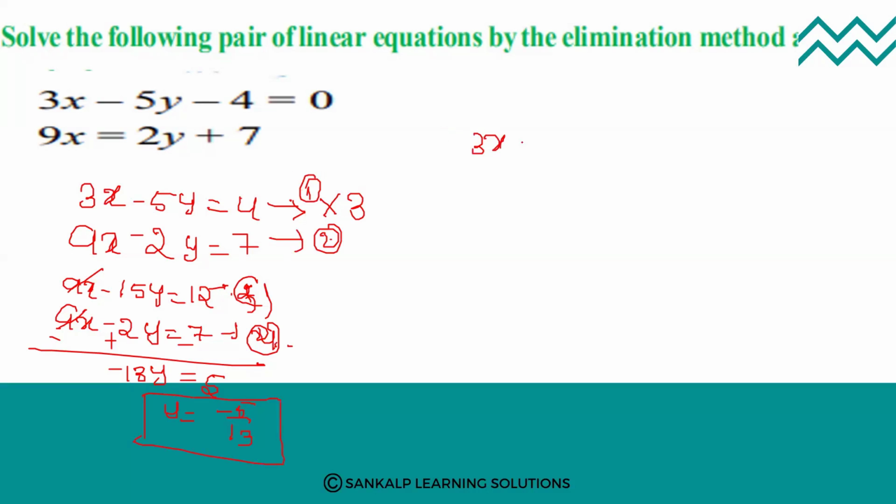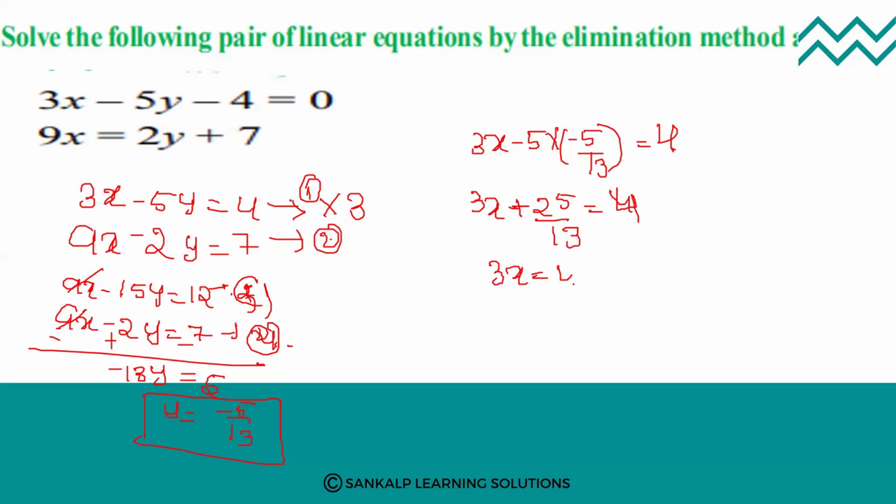That is 3x minus 5 into minus 5 divided by 13 is equal to 4. So 3x, minus into minus plus, 25 divided by 13 is equal to 4. Now 3x is equal to 4, transferring the 25 divided by 13 to this side.